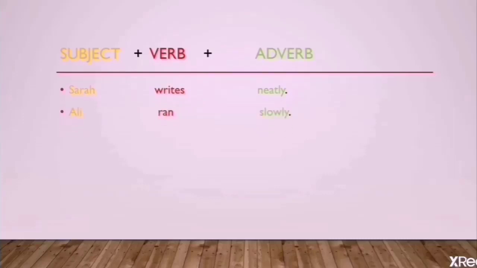Ali ran slowly. Ali is a subject. Ran is a verb. Slowly is an adverb. Hamza speaks loudly. Hamza is a subject. Speaks is a verb. Loudly is an adverb.